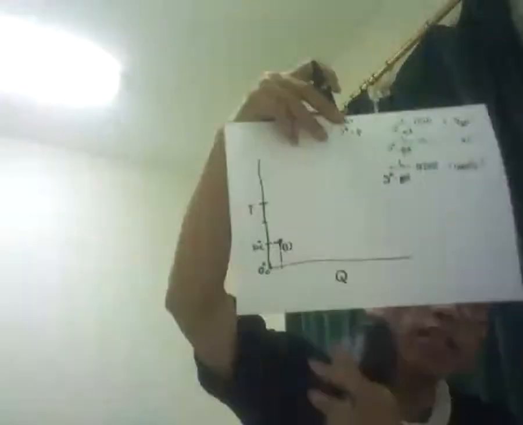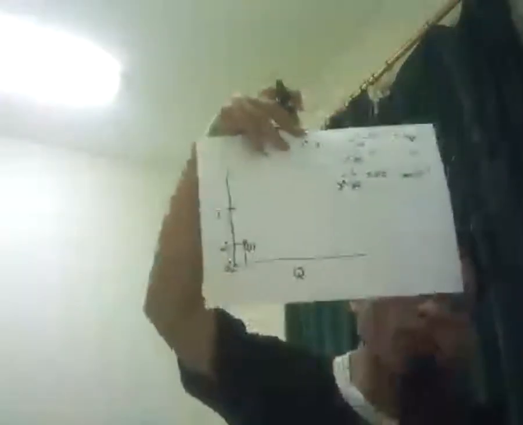At point 1, you hit the melting point. Melting point is nearly the same as freezing point, that's 0 degrees Celsius or 32 degrees Fahrenheit or 273 Kelvin. So here is the latent heat of fusion at point 1.